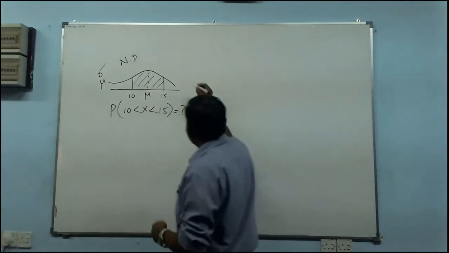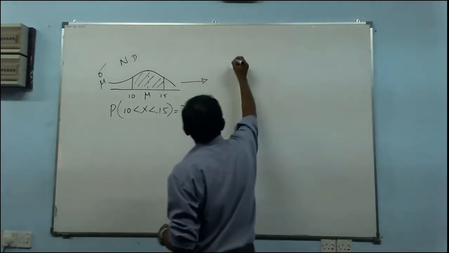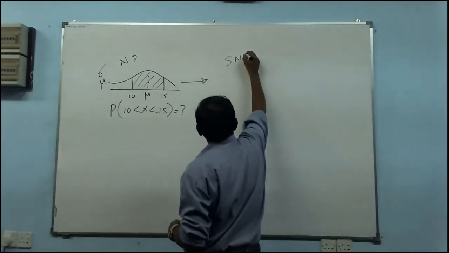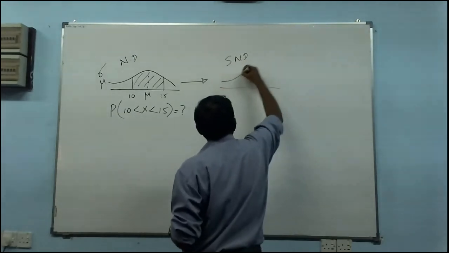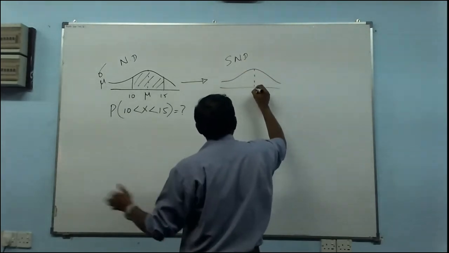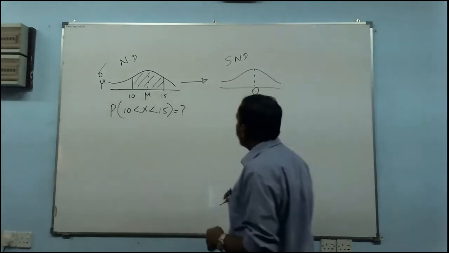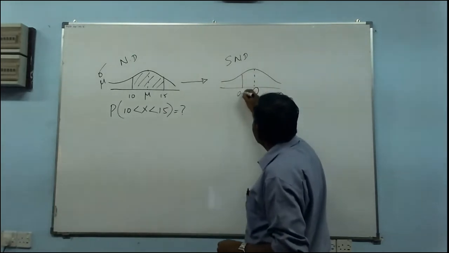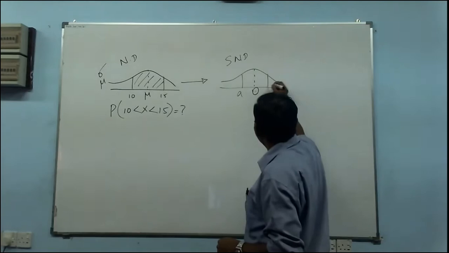So that is why, to do the conversion, we are using the standard normal distribution. In the standard normal distribution, the mean value is defined, which is 0. Now we want to find out the area between these two.